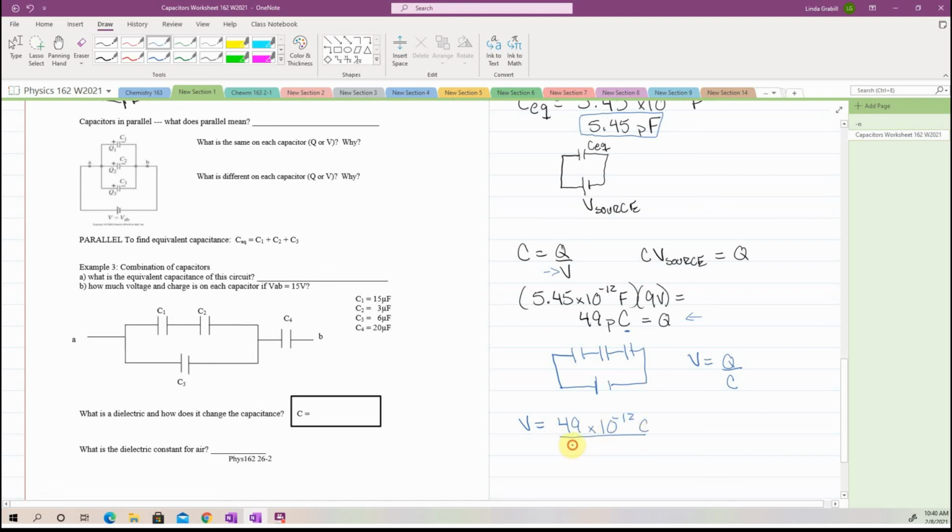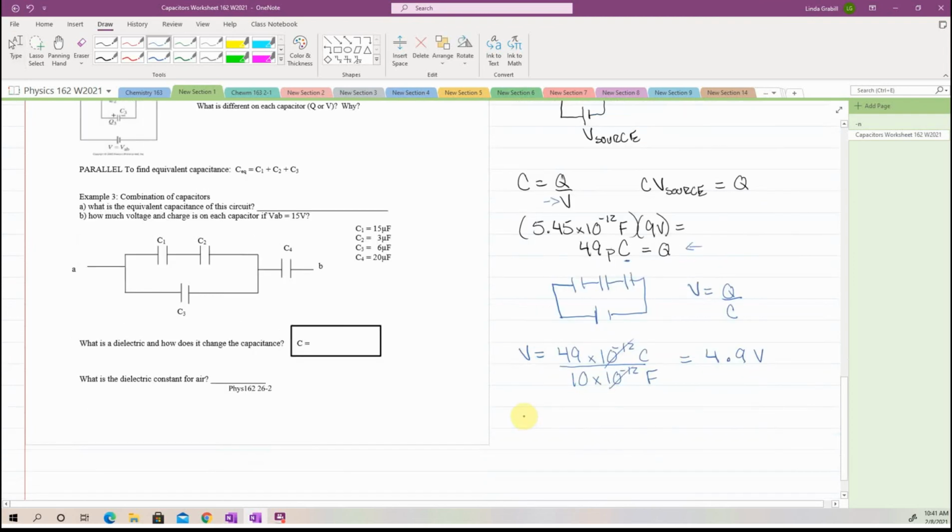So what do I have? I'll just choose the 10. So 10 times 10 to the negative 12, and that's in farads. These guys cancel out. 49 divided by 10 is going to give me 4.9 volts. So that's going to be the potential difference there.